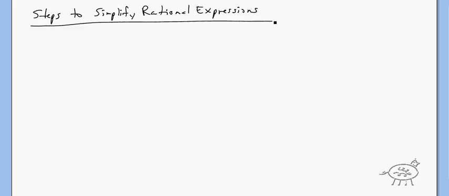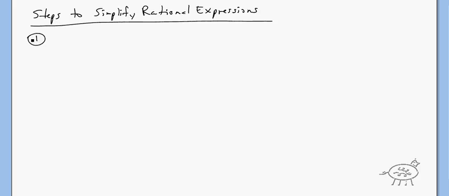Now what I want to talk about, and these are important, these are steps to simplify rational expressions. Okay, there are 7 steps. You got to follow them all.